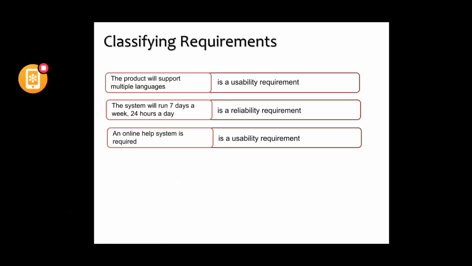It goes up and down, and you are not sure when the system will be up and when it is down. That's why we have 24/7 or 365 days support, or the system will run 7 days a week, 24 hours a day. So it's a reliability or availability requirement, and that's an important thing for systems. It's related to the reliability of the application.